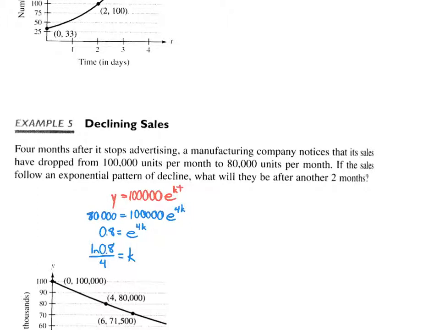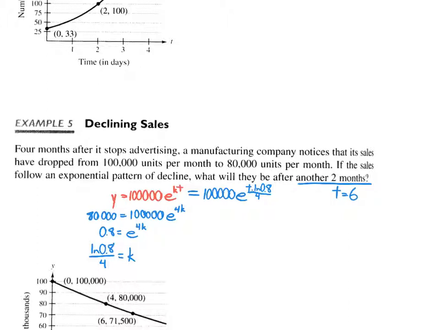So now y is 100,000 e to the t times (ln 0.8 over 4) power. And then, well, what do we plug in? 6. Another 2 months means that t equals 6. Be careful with that one.